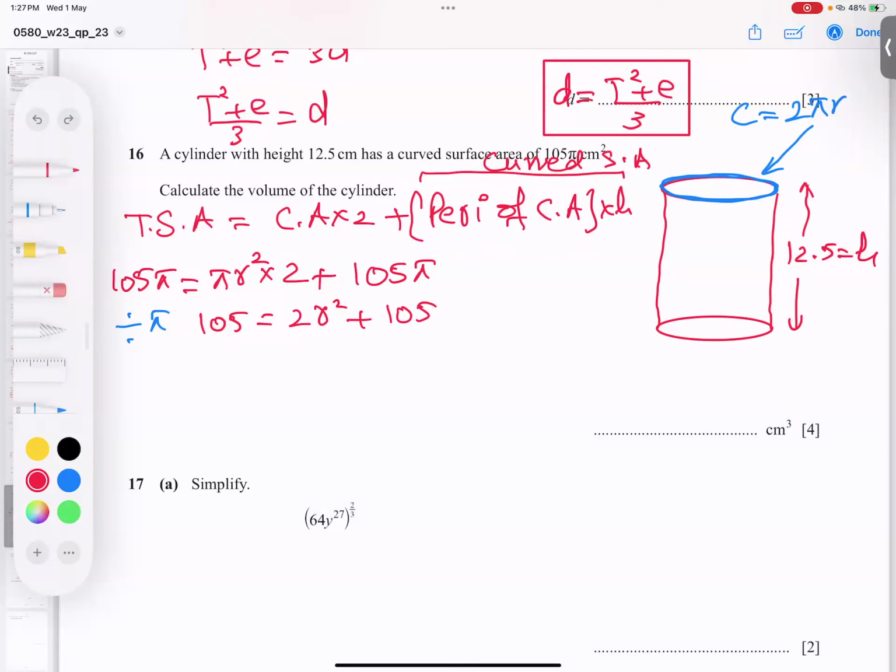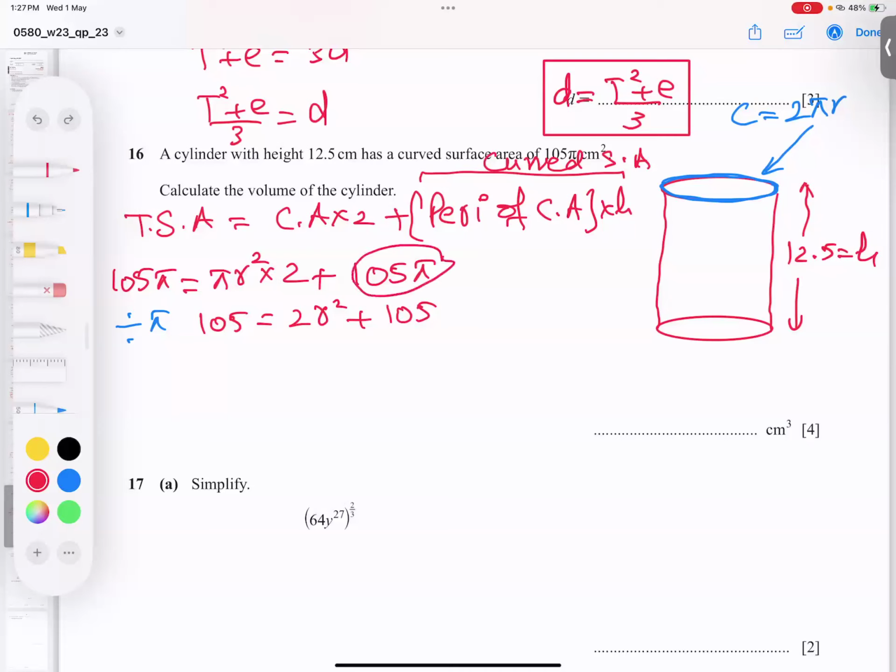And wait a minute. Oh, sorry. This is a total surface area. And he is asking, wait a minute. Oh, sorry, students. This is, I think, curved surface area. Okay, curved surface area. So this formula is not helping us. You know why?